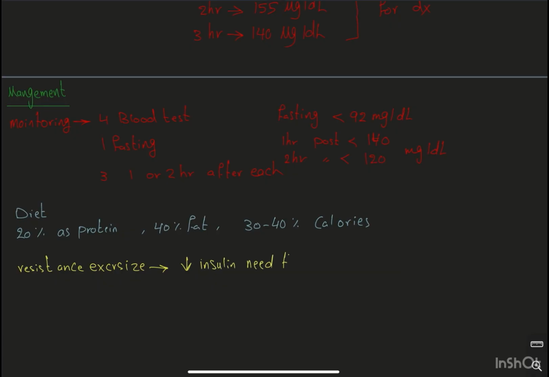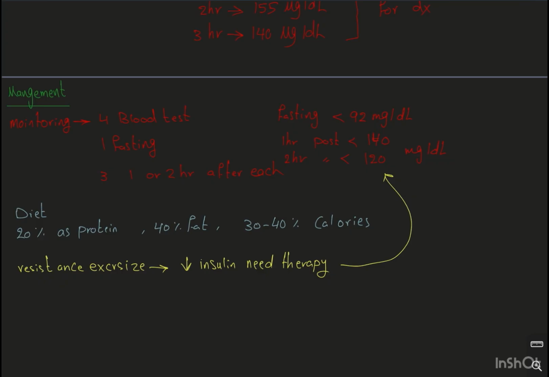And in case the woman is not able to achieve this level of blood glucose every day, so there will be a persistent excess of blood glucose at fasting more than 95, or 1 hour postprandial more than 140, or the 2 hour persisting at more than 120. Here we will turn to medical treatment.